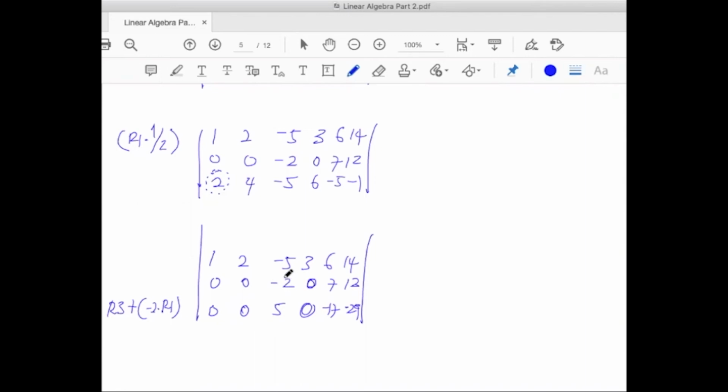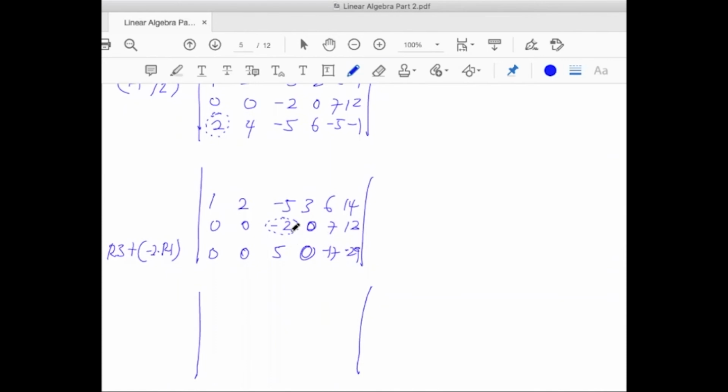So let's say we change that one to become 1. So to convert -2 to become 1, we take row 2, we multiply with -1/2.